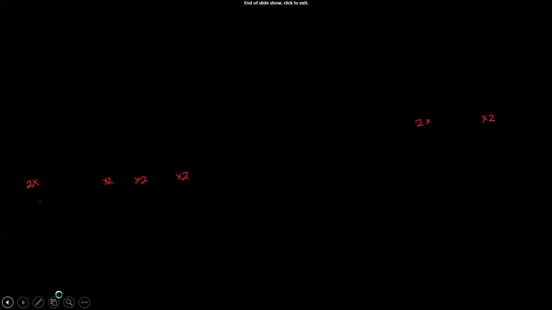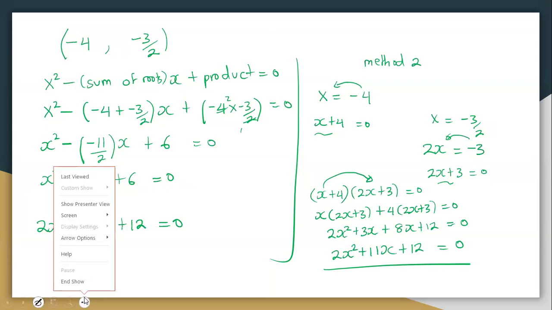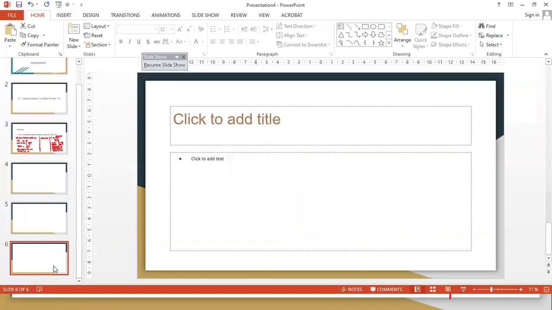So here I can give you some numbers that you can try out, and then check whether you have understood the concept of forming the equations. The first one, form a quadratic equation whose roots are: number one, you have 3 and 4.